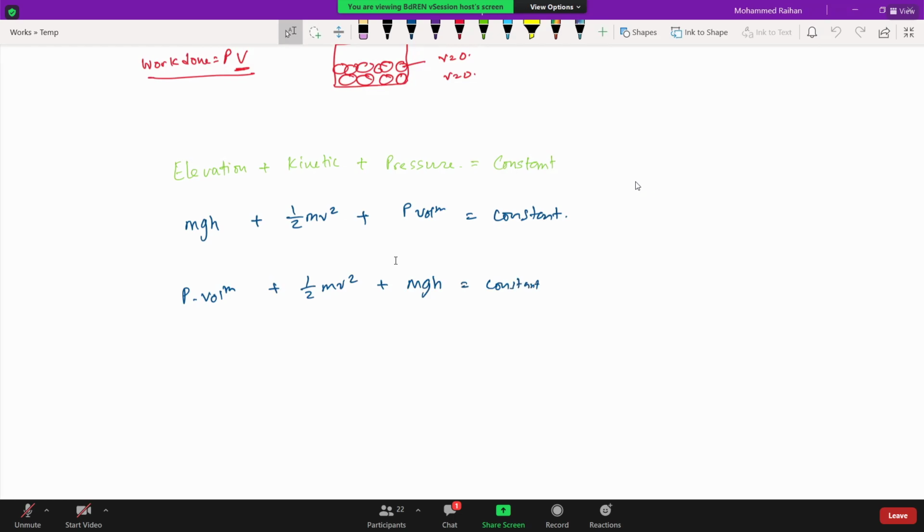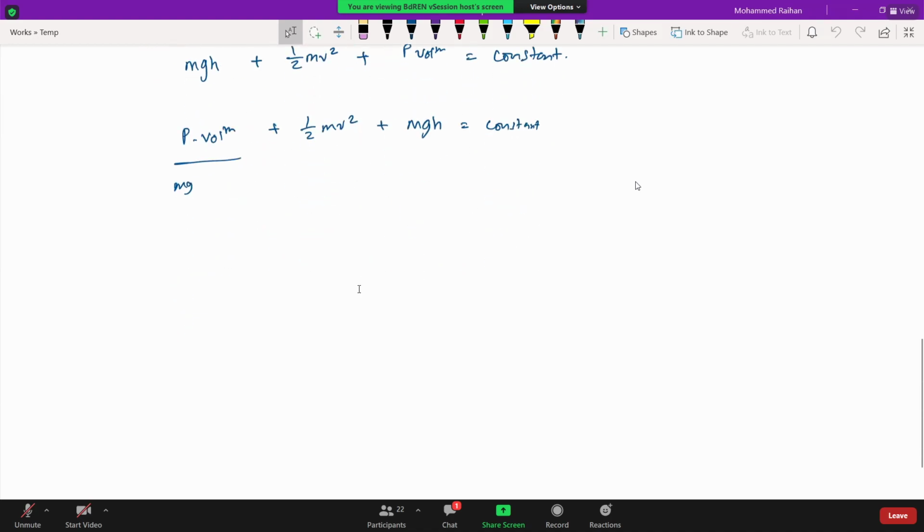So let me divide everything by mg. Everything divided by mg will become P times volume divided by mg, plus half mv squared divided by mg, plus mgh divided by mg will be h, equals a constant.